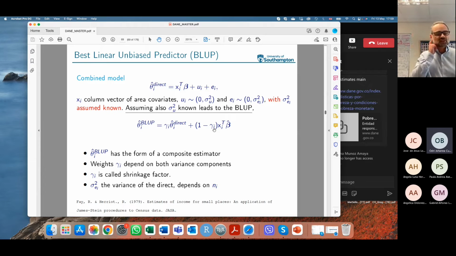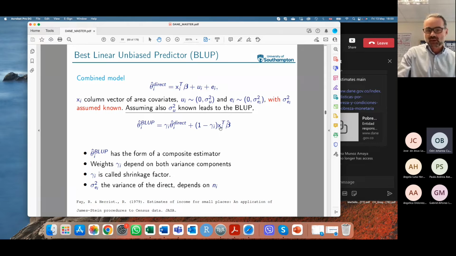This very much has the form of the composite estimator that Angela presented in the last session, but this is derived under this model, assuming that sigma squared u is also known. It depends on an important factor called gamma i. And the question is, what is this gamma i? How is it decided? As I said, the BLUP has the form of a composite estimator.